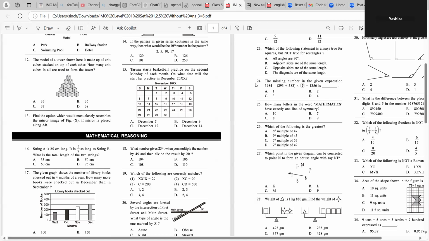Ma'am, first we will do this, which is in the bracket. So 293 plus 583 is equal to 876.